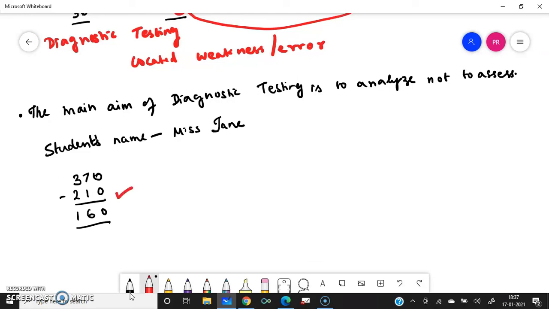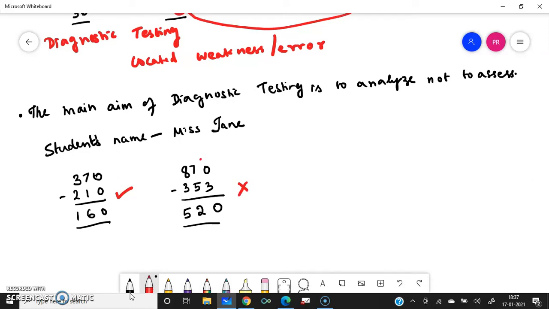The answer is correct. No problem with this. One more question is 870 minus 353, and Jane has written the answer as 520. You have put it wrong, right?